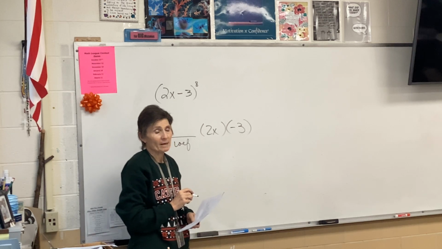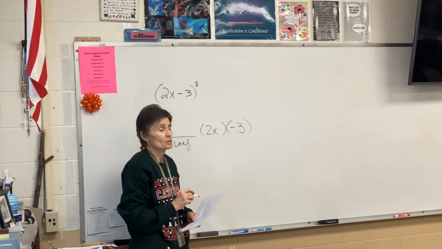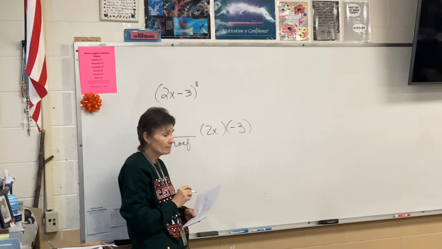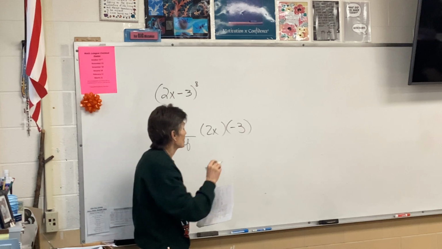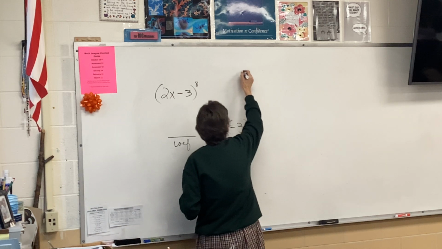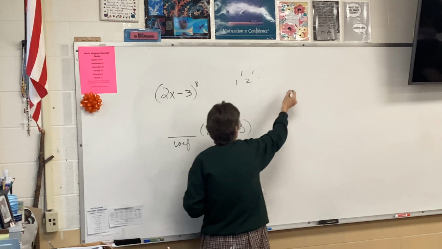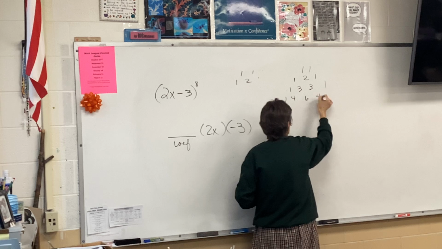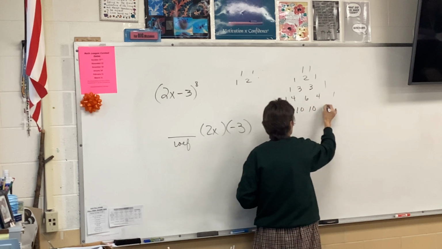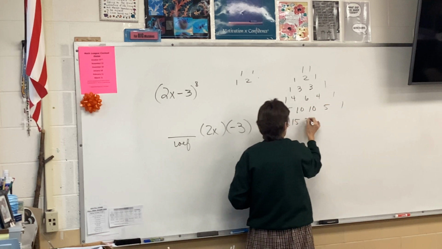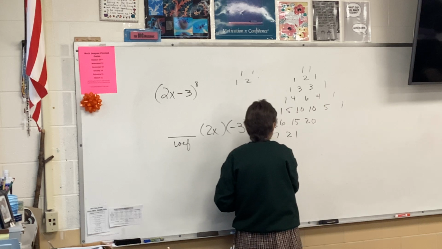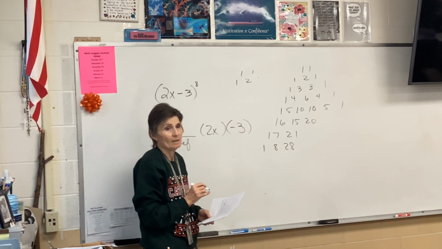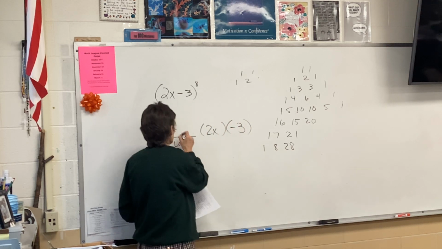So I need to figure out what my coefficient is. So this is to the 8th power. Probably this is the quickest thing to do at this point. And I don't even need to do the whole thing, because remember, I'm only interested in the third term, so my coefficient's going to be 28.